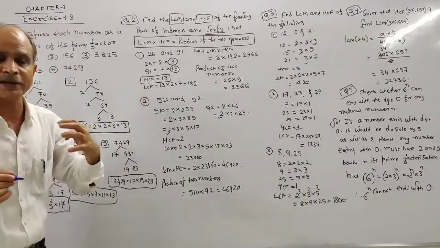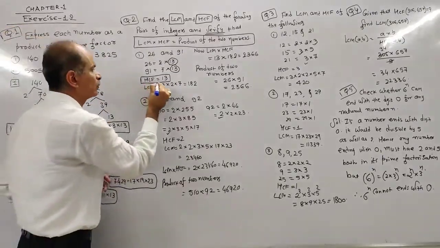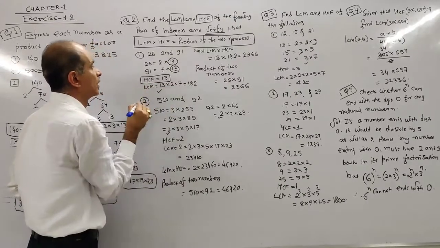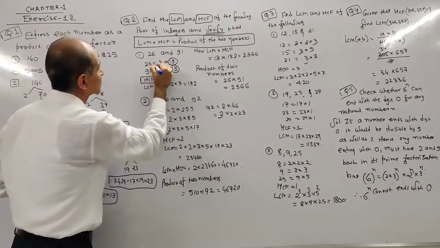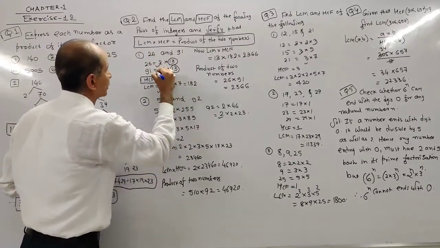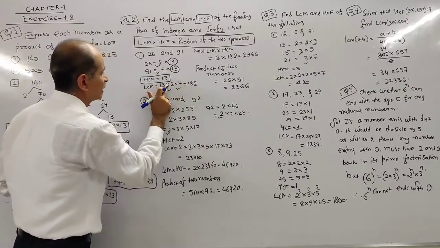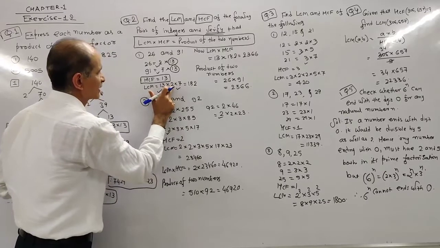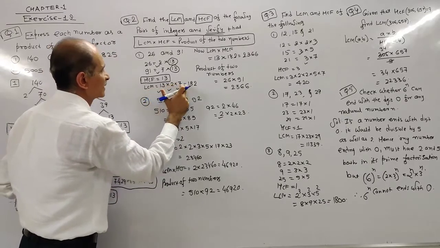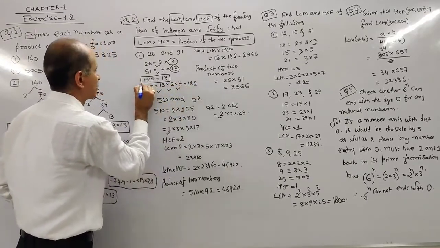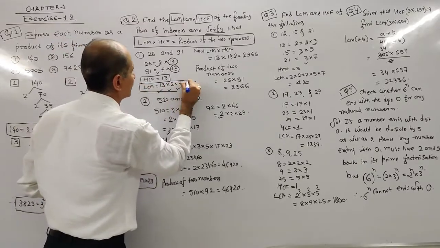Now how to write LCM? First of all, you have to write the common factor from these two. Then you have to write the remaining terms. The remaining term is 2, the remaining one is 7. Now if you multiply these, 13 2s are 26 and 26 7s are 182. So your LCM is 182.